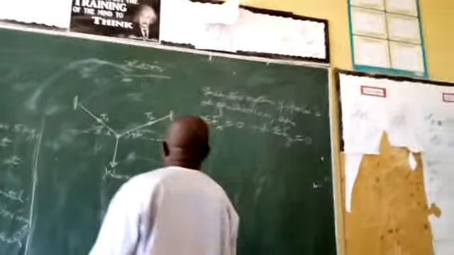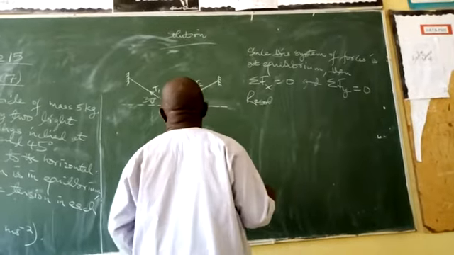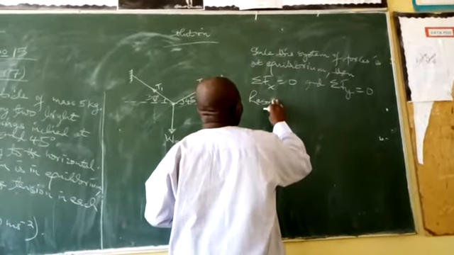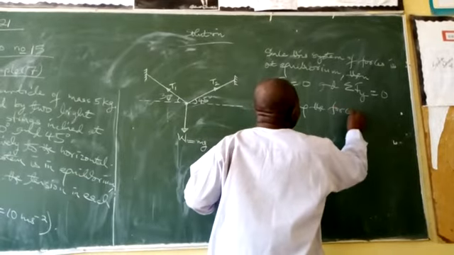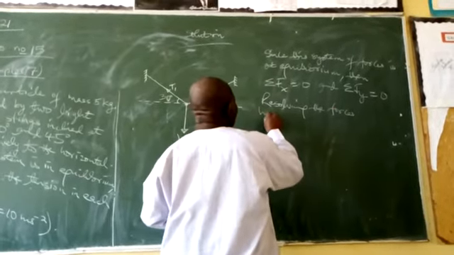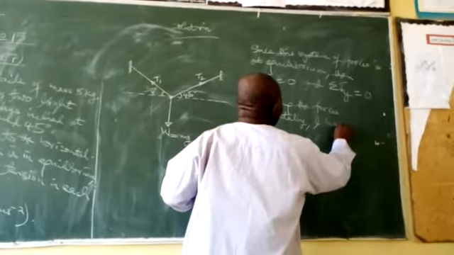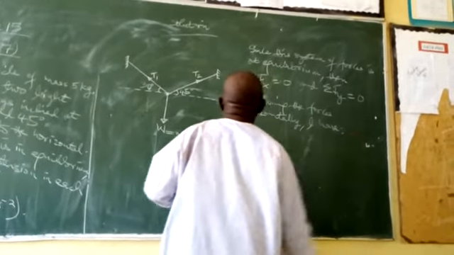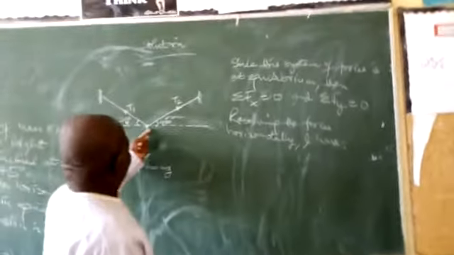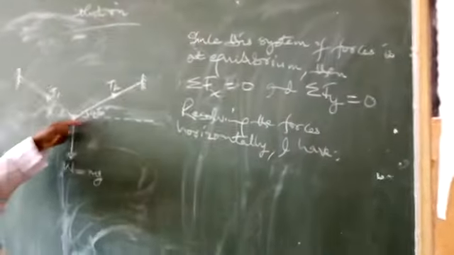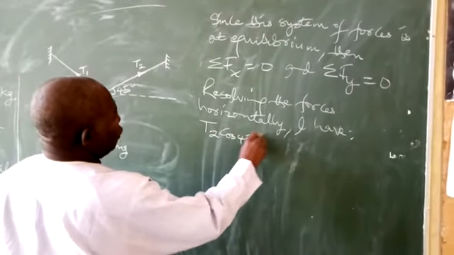Then what is summation Fx? Resolving the forces horizontally, I will start with T2, because the horizontal component of this tension T2 in the positive direction of the x-axis is going to be T2 cos 45 degrees.